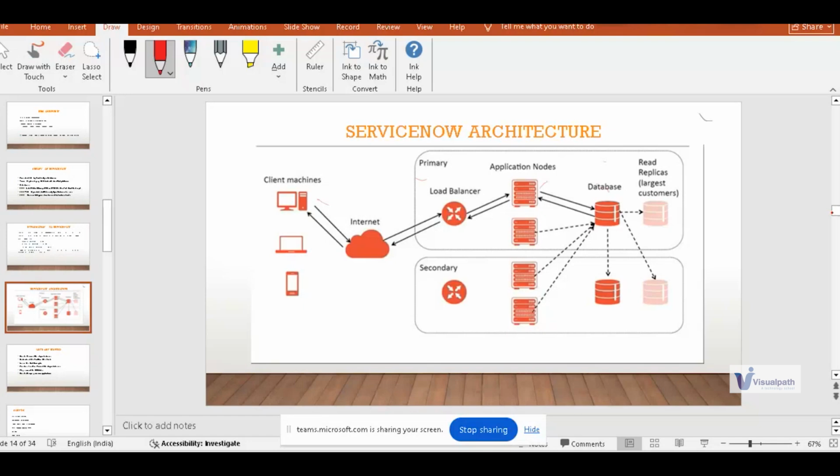Whatever we saw in the incident form, that data is fetched from the database. These databases are available in data centers in the cloud. Right now, we have around 22 data centers around the globe for ServiceNow.